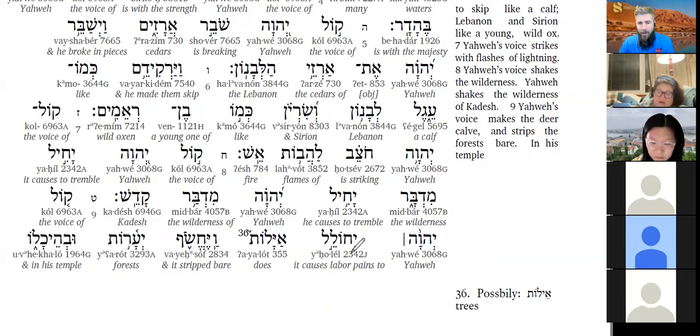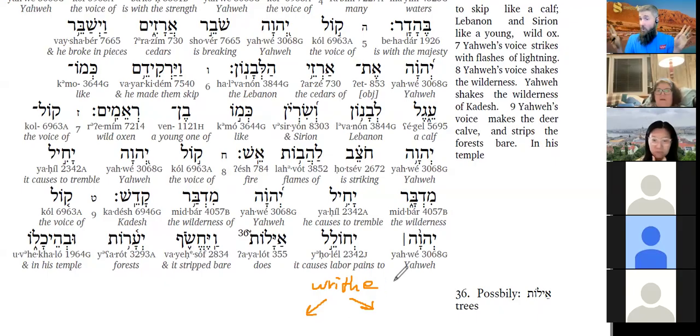Yeah, I know, but the verb here is more to do with writhing. So we have two options. If we're talking about does, then the writhing is probably birth pains. But if we're talking about a tree or trees, then we're talking about the twisting that he's causing, or the buffeting by the wind.